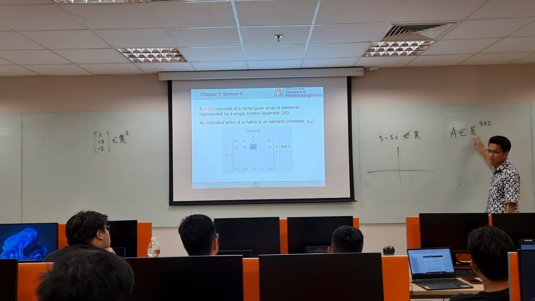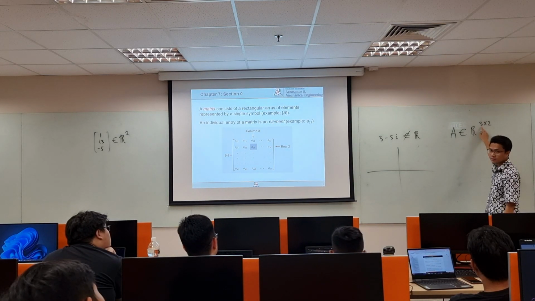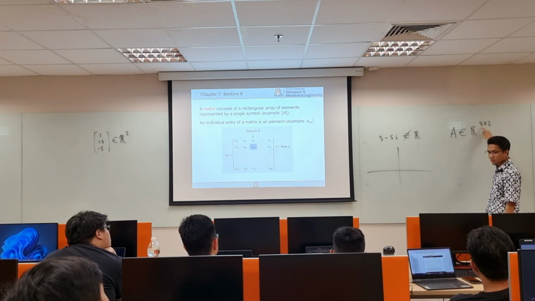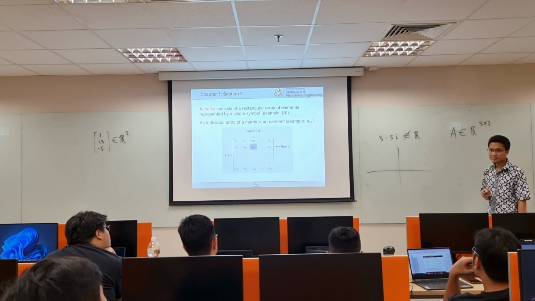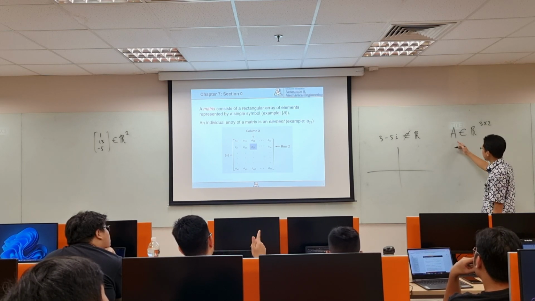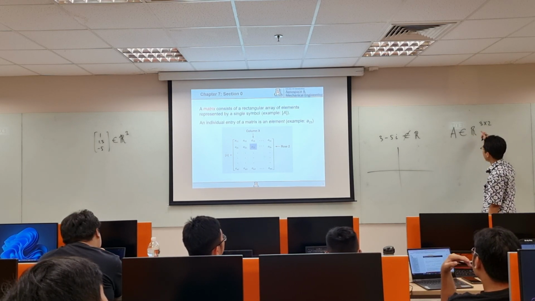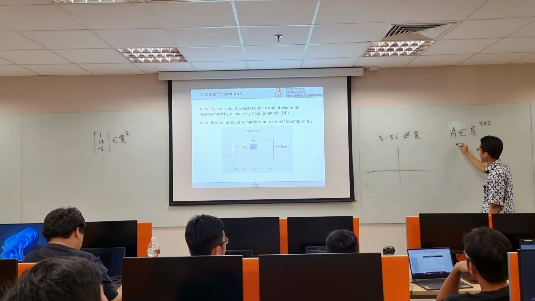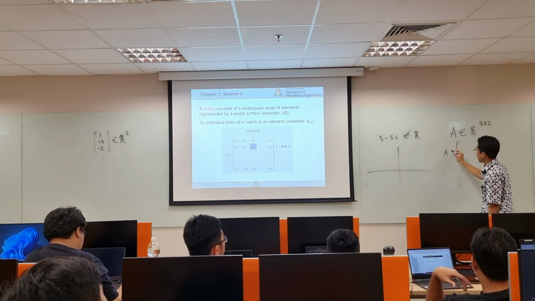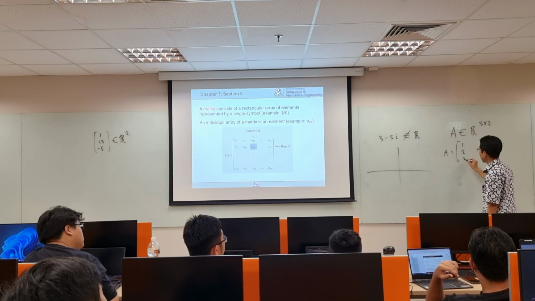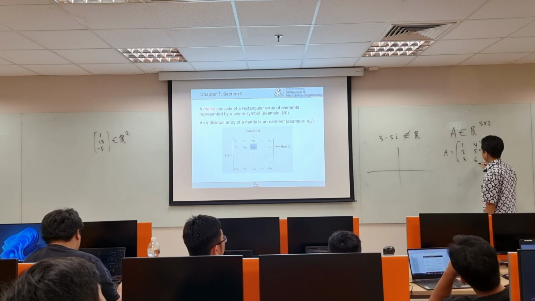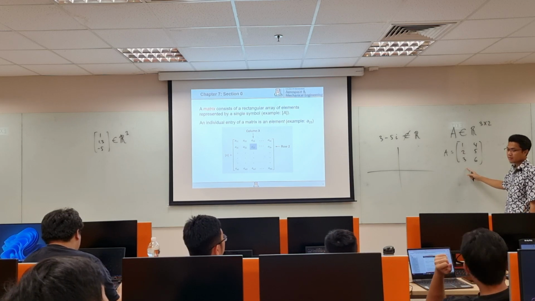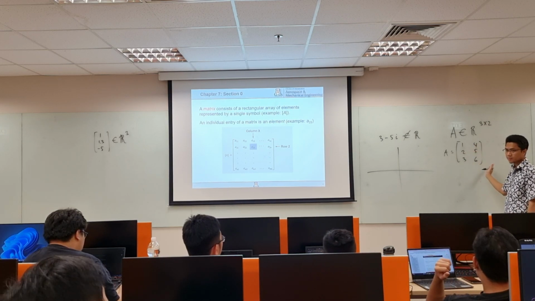This number 3 corresponds to the rows, 3 rows, and number 2 is the column. So if A is a member of R3 by 2, then A can look like this, 3 rows, 2 columns.